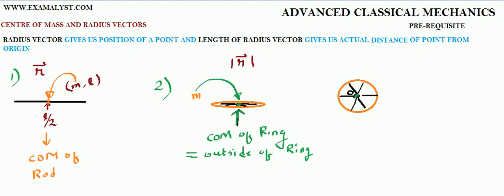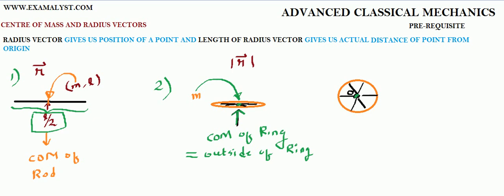Because when I said the entire mass of the rod is concentrated at l by 2, is it true? It's not true, because the entire mass is distributed along the length l. How can I just say that the entire mass is supported at l by 2? It's not true. But hypothetically, this point l by 2 is behaving as if the entire mass is concentrated at the center, because I can balance the entire rod by just using my fingers at l by 2.